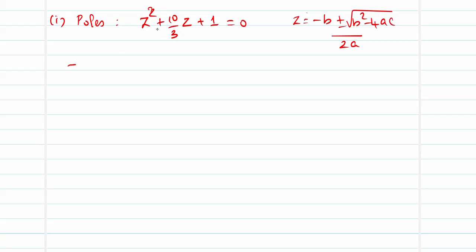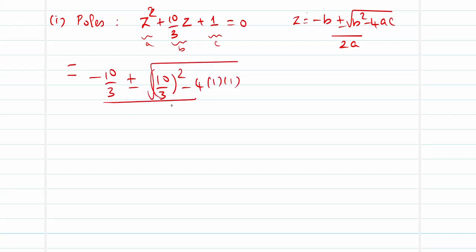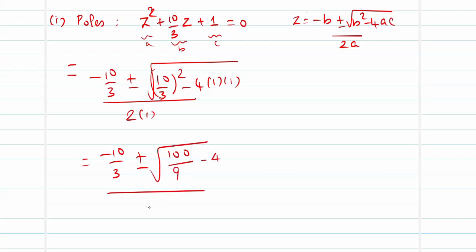So I have this to be equal to my a, this to be equal to my b, this to be equal to my c. Hence I have minus b, so minus 10 by 3 plus or minus the square root of 10 by 3 the whole square minus 4 into 1 into 1, divided by 2 into 1. So minus 10 by 3 plus or minus the square root of 100 divided by 3 square, which is 9, minus 4, divided by 2.